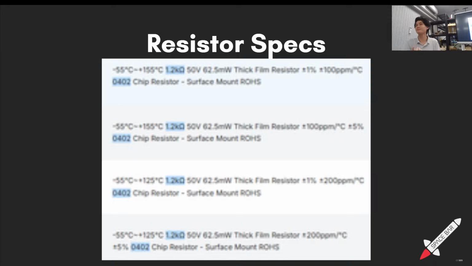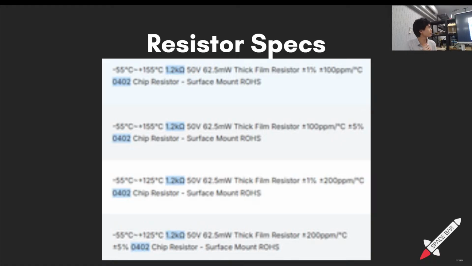Okay, so basically, this is a screenshot from an electronics parts supplier. A resistor is not perfect. When you get a 1.2 kilo ohm resistor, this is fine, but you will find that it also has a tolerance of maybe 1%, 5%, sometimes 10%, although that's rare, because 10% is awful.